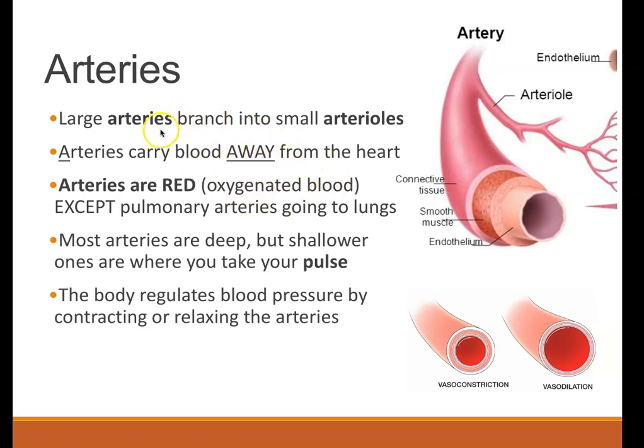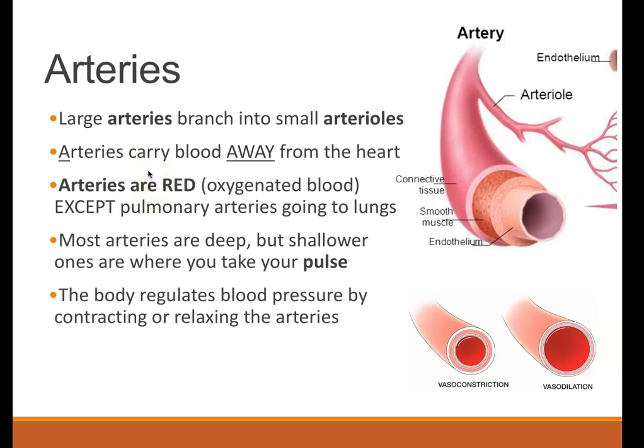The exception is the pulmonary artery. The pulmonary artery leaves the heart and goes to the lungs. It's carrying deoxygenated blood. So the pulmonary veins and pulmonary arteries are sort of the opposite of what the rest of the arteries and veins are in the body.